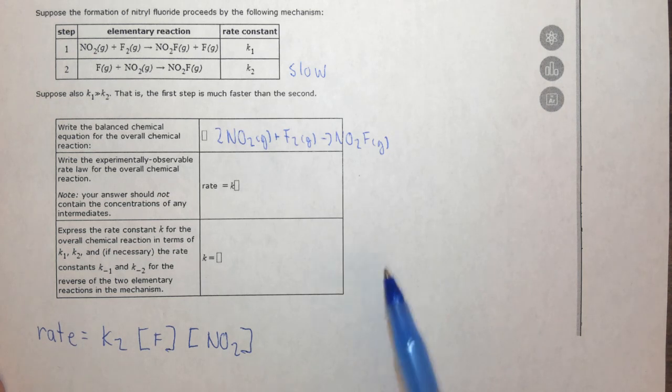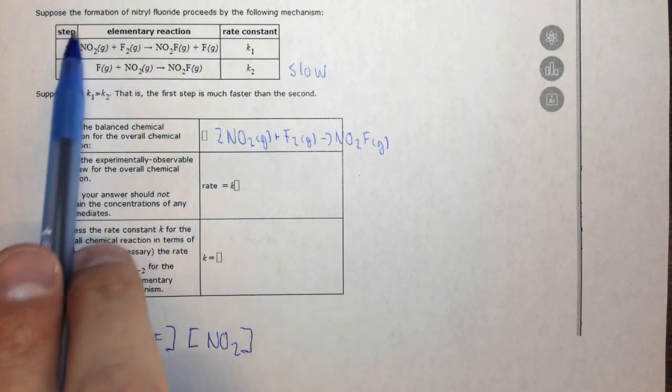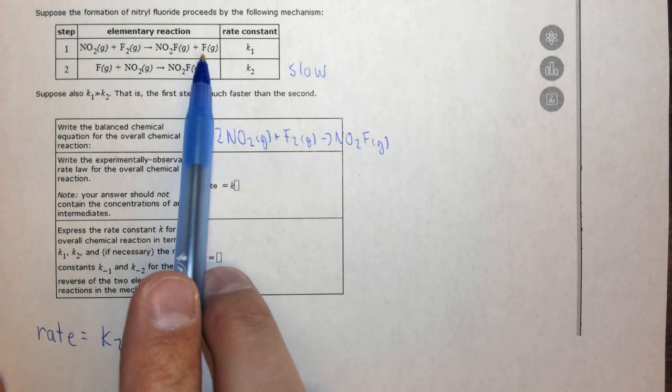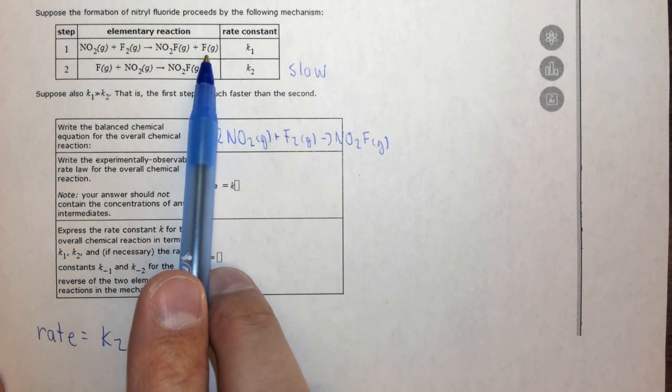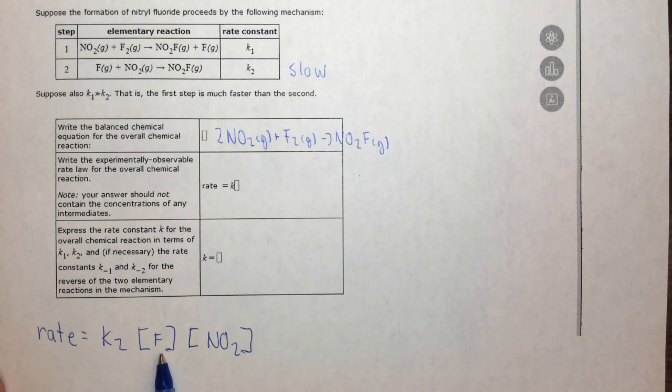If you look at the previous question in this playlist, that's actually showing you how we're going to get rid of it. Let's look at the first step of the reaction and see how we can solve for the concentration of F. If we can solve for the concentration of F, we can then plug it into this equation and essentially get rid of it. To do that, we need to think about this reaction at equilibrium.